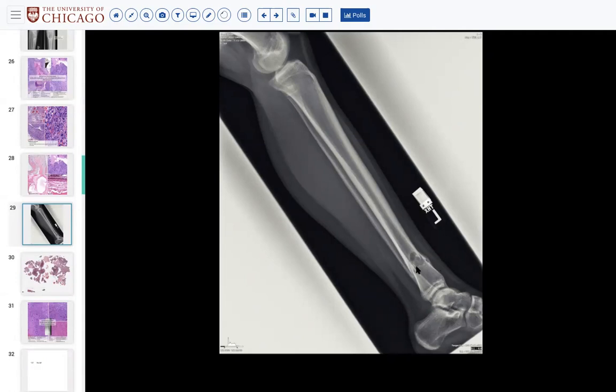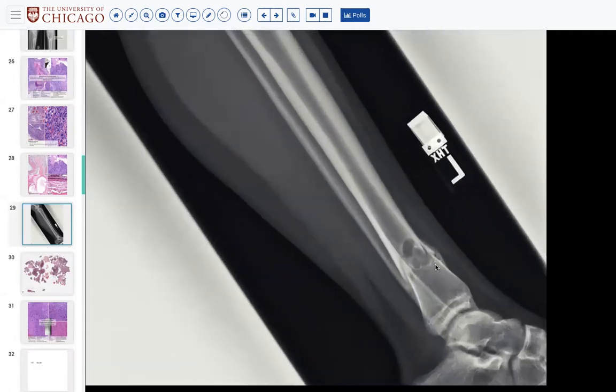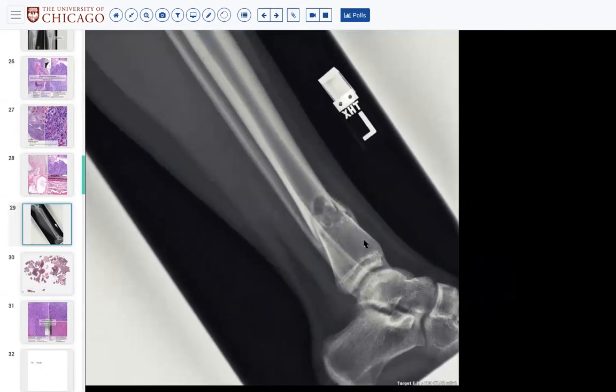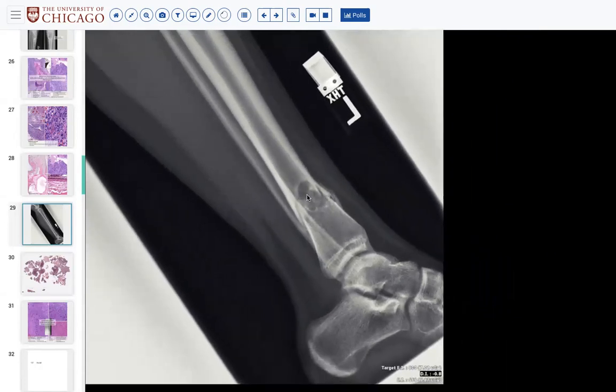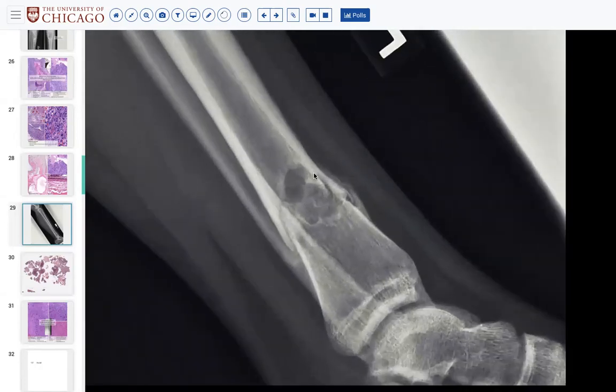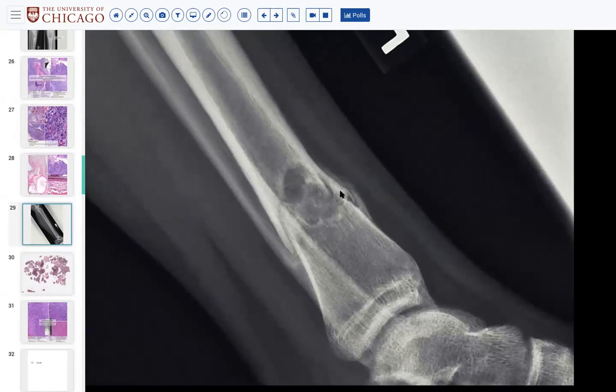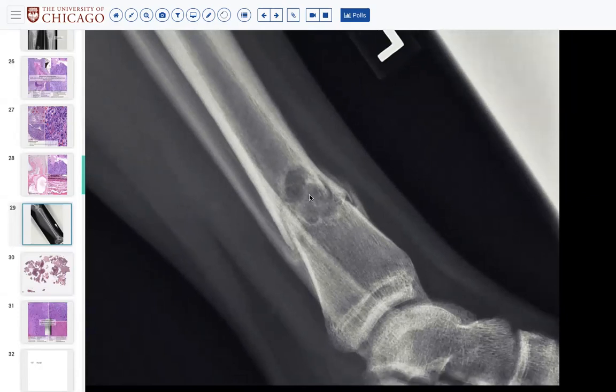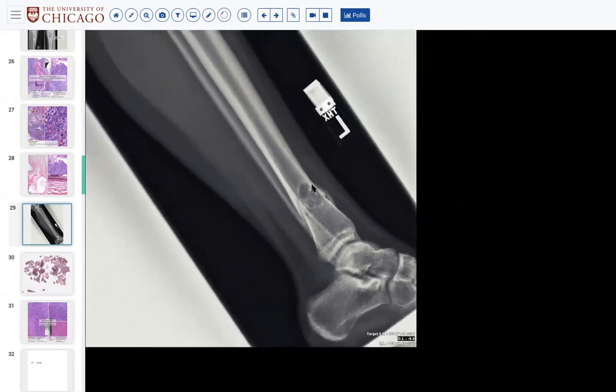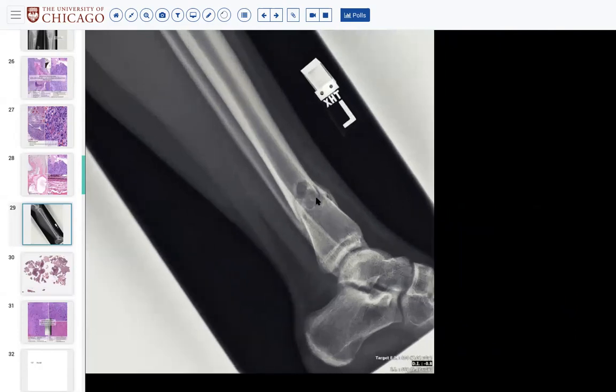So I just wanted to give you an example of non-ossifying fibroma. In fact, I found this on Path Presenter. Really cool that they have this radiology, but you could see the characteristically described soap bubble appearance to the lesion in the shaft of this long bone. It's sort of at the junction between the diaphysis and the metaphysis.